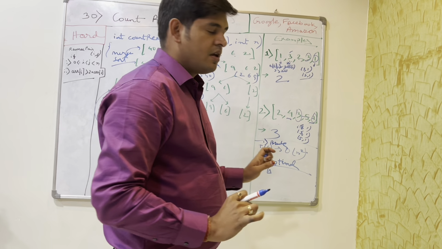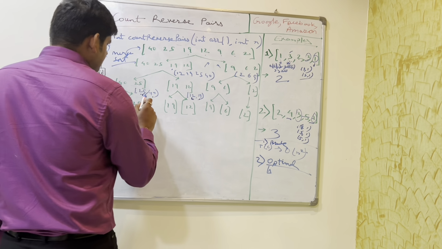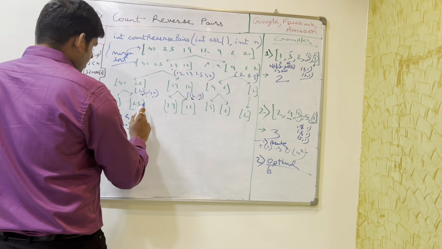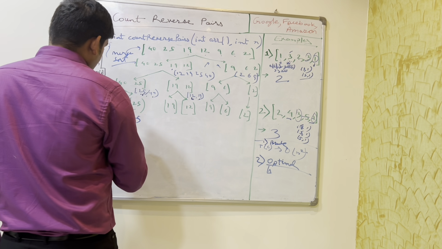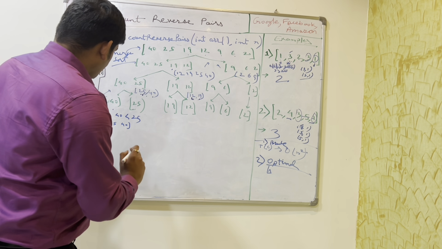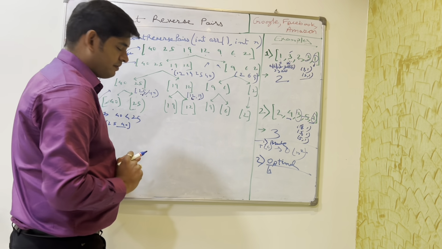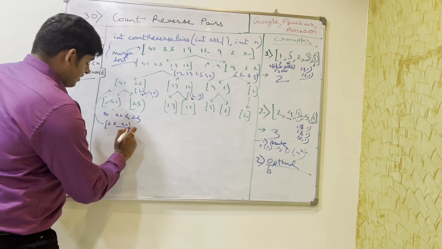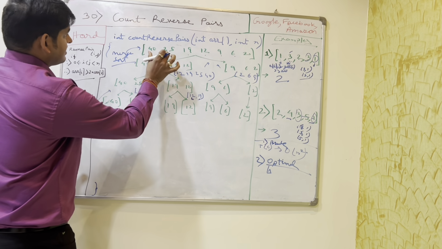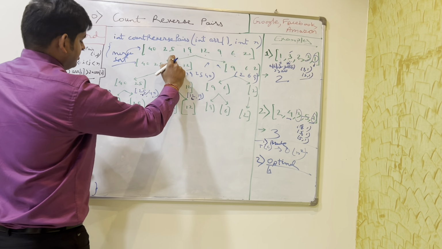What do we need? We need to count the number of reverse pairs. So see here, when we have 40 and 25, we have changed it to 25, 40. But if we check, since this is i and this is j, the ith index has to be lesser than j.